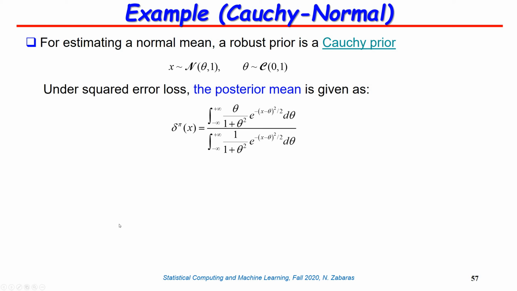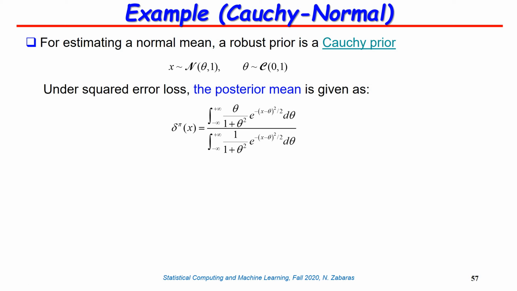You want to compute the posterior mean of theta. So what I have here is theta, from the expectation of the posterior mean, times the likelihood, which is this exponential, times 1 over 1 plus theta squared that comes from the prior. And then I have the normalization factor in the denominator.